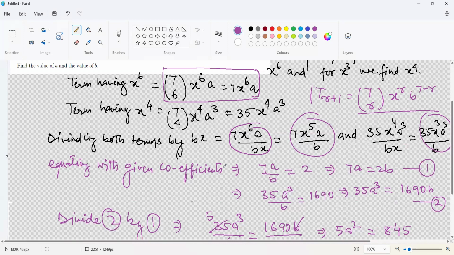Now, we have given the coefficient of x raised to the power 5. So what is the coefficient of x raised to the power 5 here? The coefficient would be 7a upon b. I do not need to notice x raised to the power 5 then, because I have given value for 7a upon b. This is the coefficient of x raised to the power 5, isn't it? Yeah, coefficient of x raised to the power 5 is 7a upon b.